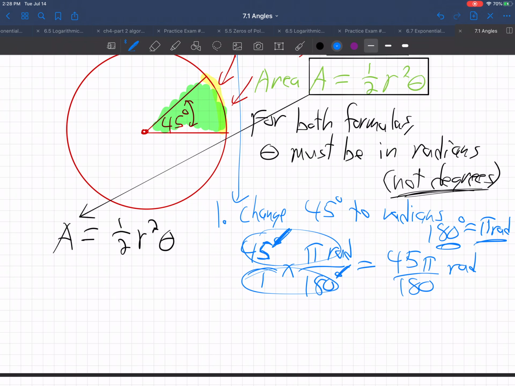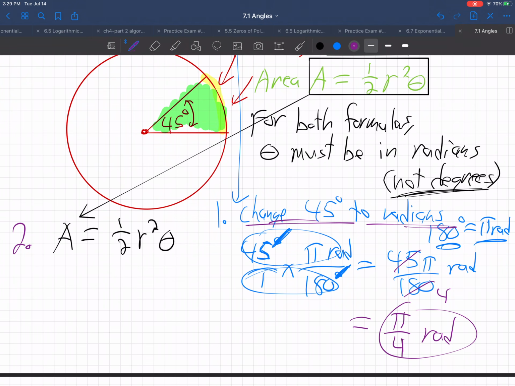See how degrees cross canceled? So we're in radians now. Now we can reduce that fraction. If you use your calculator, 45 goes into 180, I think 4 times, right? Yeah, 4 times. So this is just pi over 4 radians. That was step one, change the degrees to radians. Got it. And now step 2, we just take that and plug in for the angle theta there.